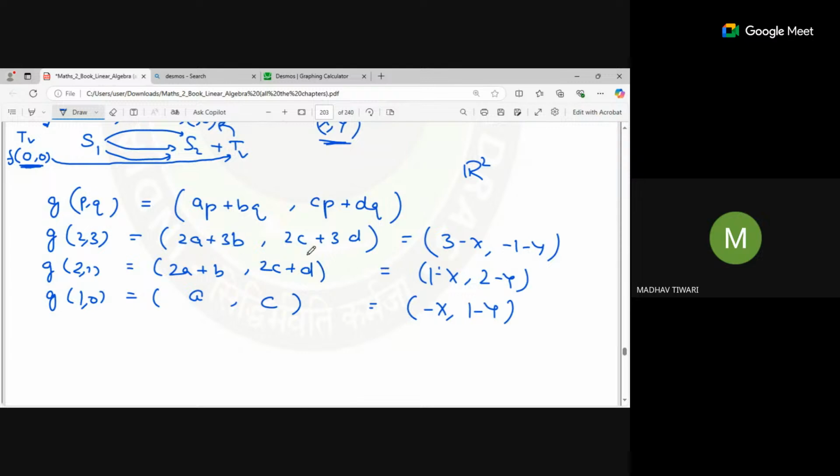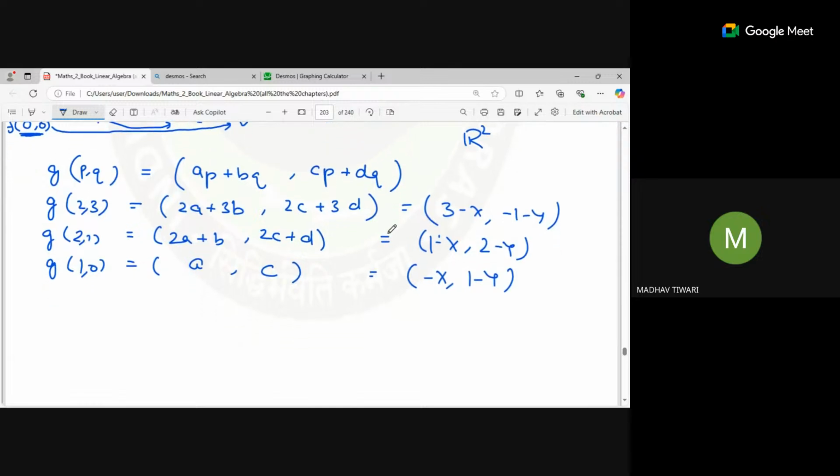Now if you compare, you can see how many variables we are having, a lot of variables. So let's leave it, and compare only the first component, this part and this part. So we got the equations: 2a plus 3b is equal to 3 minus x, and 2a plus b is equal to 1 minus x, and a is equal to minus x.